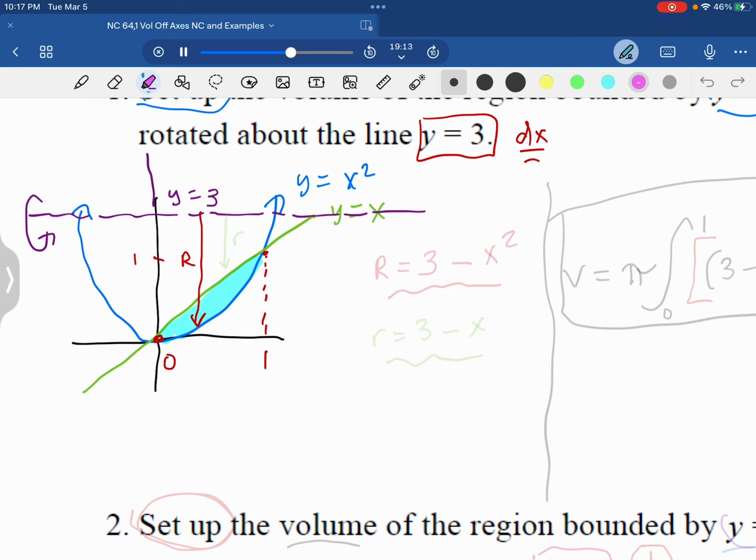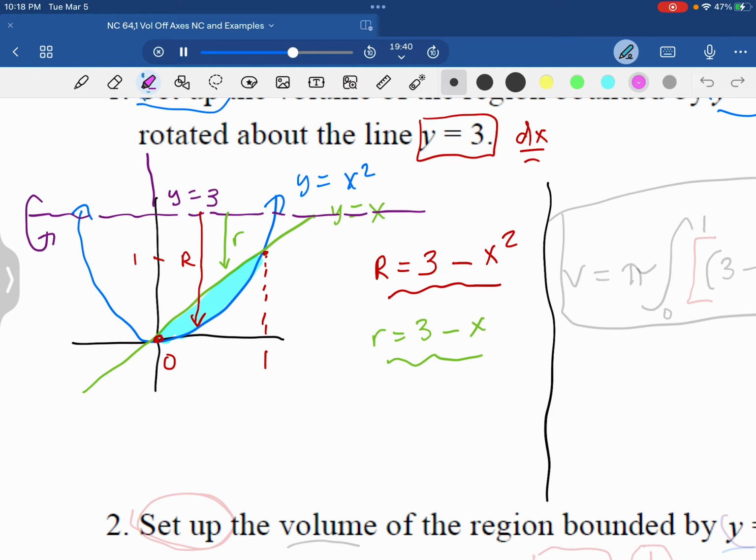So in this case, it's going to be axis first, 3, minus the curve, which is x squared. And that doesn't simplify, so that's my big R. My little r is the distance from the axis to whatever's closer. So in this case, my little r would be axis first on top, minus the function, which is just x. And again, that can't simplify anymore.